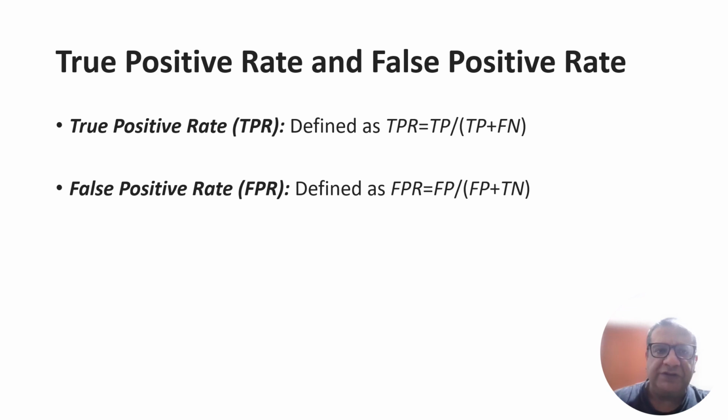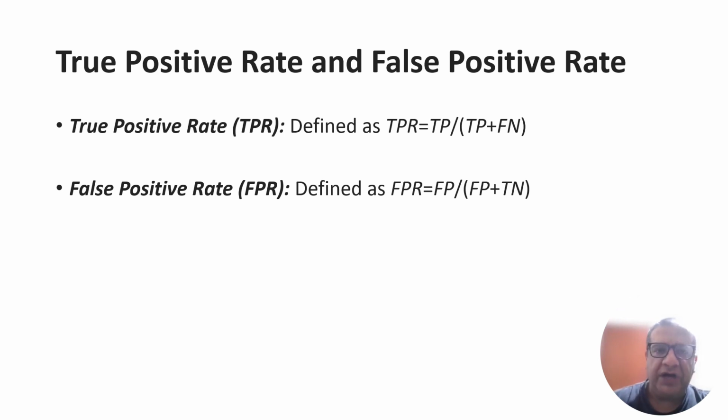Now, what does false positive rate mean? It measures the proportion of actual negatives mistakenly identified as positives. Another way to compute false positive rate is by taking 1 minus specificity, focusing on the negative class.